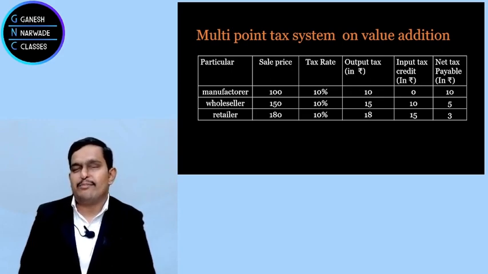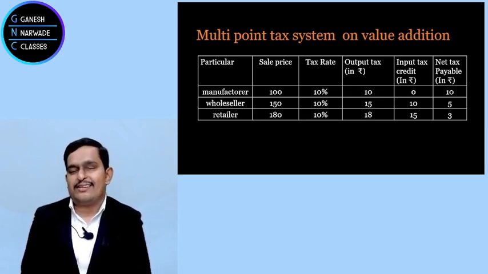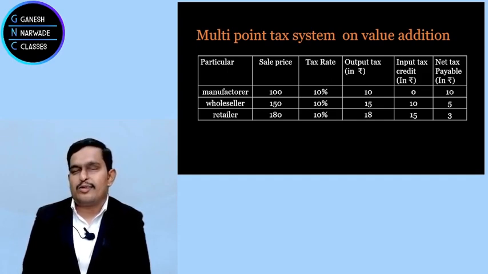Now I'll ask you a simple question. Manufacturer sold for 100 rupees the goods to wholesaler and also collected 10 rupees tax. So how much manufacturer collected? 110 rupees. Okay, very good. Now tell me how much wholesaler collected from retailer? 150 is the sale price and 15 rupees is the tax.